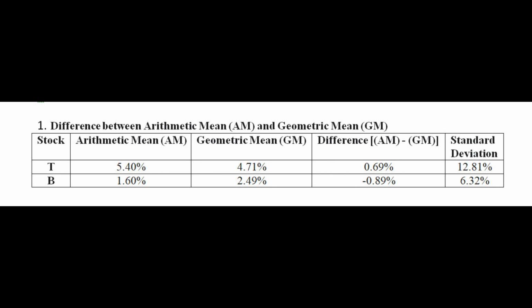The difference between AM and GM, you can see, for T is 0.69%, and for B it is negative, minus 0.89%. The standard deviation for the stocks respectively is 12.81% for T and 6.32% for B.